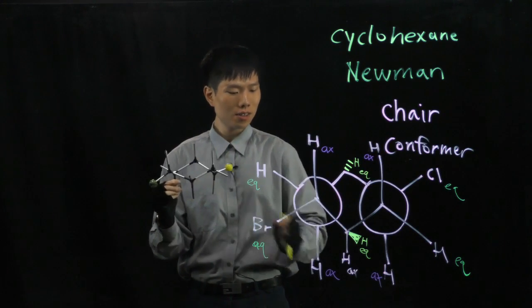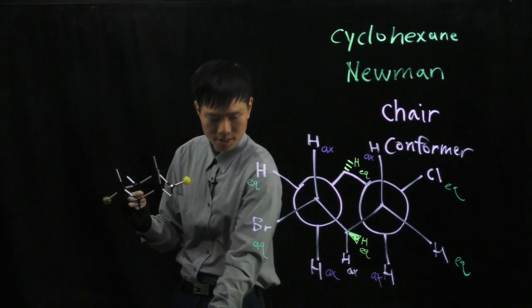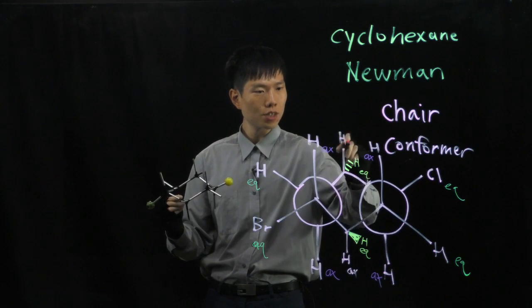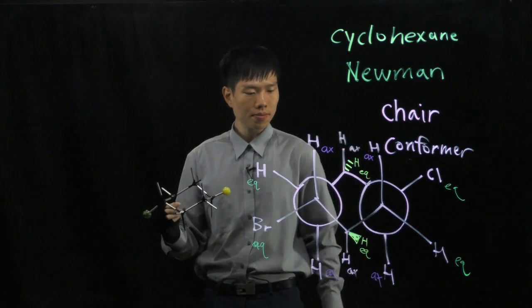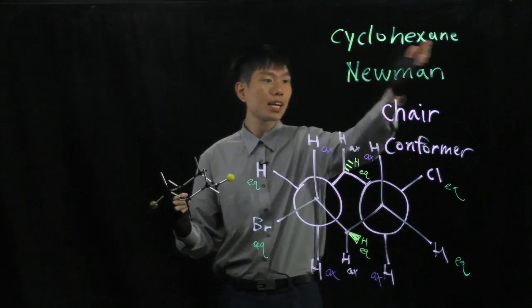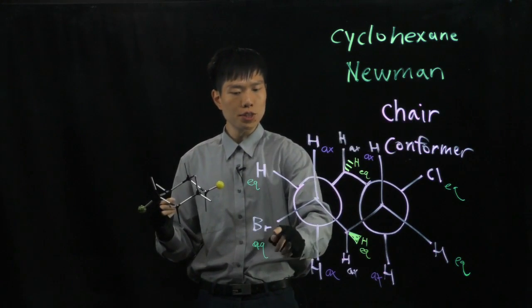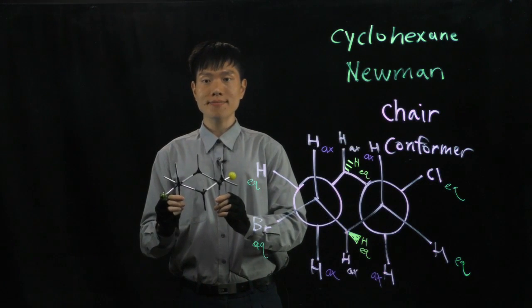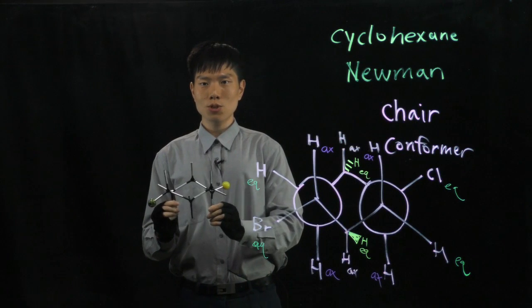This must be your axial position. So up, H, this is axial. So now you have the template for the Newman projection of cyclohexane with two substituents, a bromine and chlorine in this. I hope you can translate this picture to the drawing here.